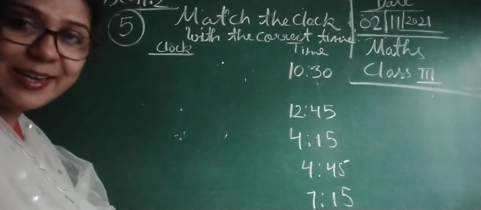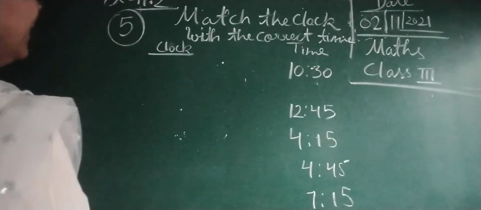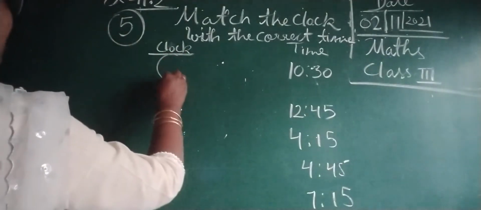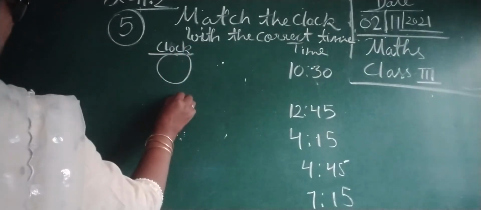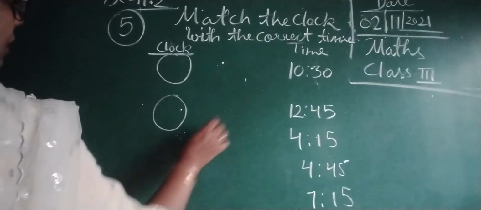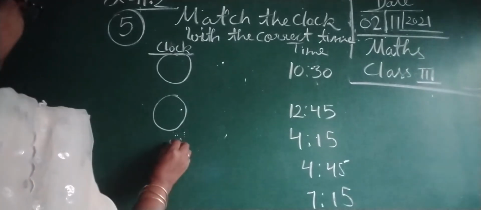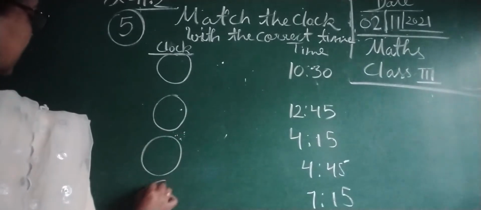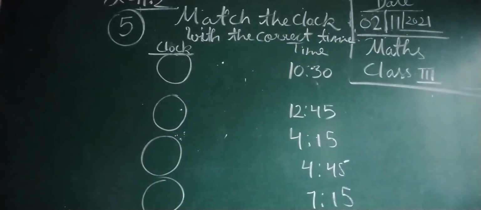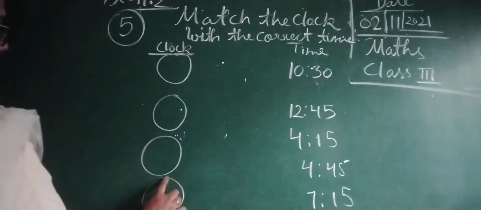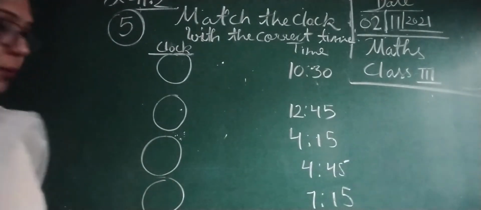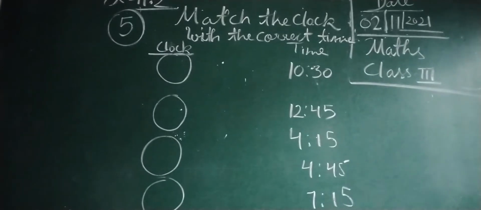We will do little fast. Okay. So first clock, we just make it small. 1, 2, 3, 4, 5. Okay. We have to draw 5 clocks. Now one more here. So children, let's start doing.